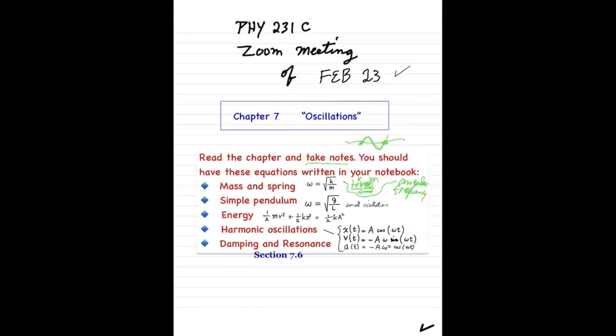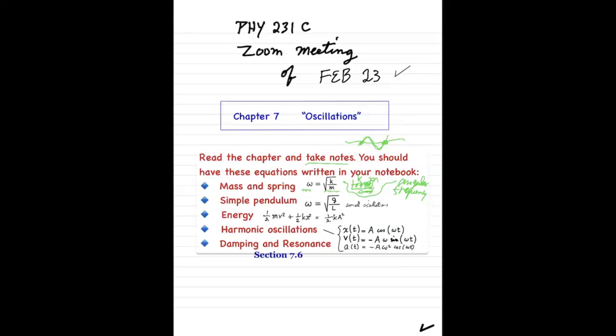And the frequency is omega divided by 2 pi, where omega is the square root of k over m. So this relates the time property of the oscillation to the mass and force parameters.